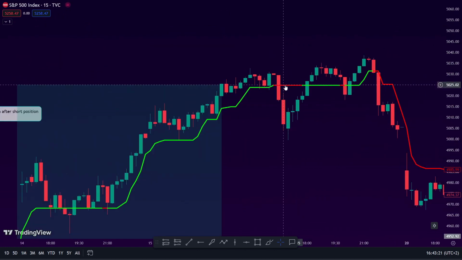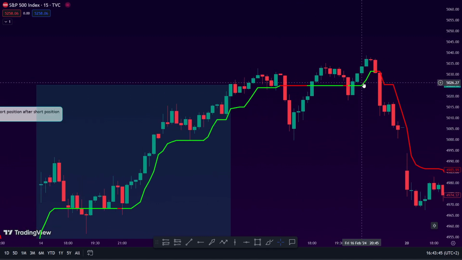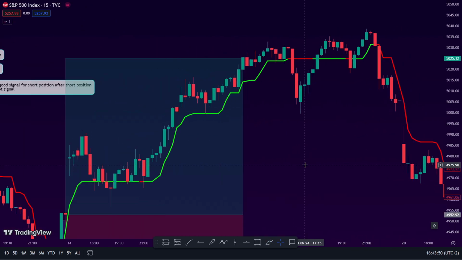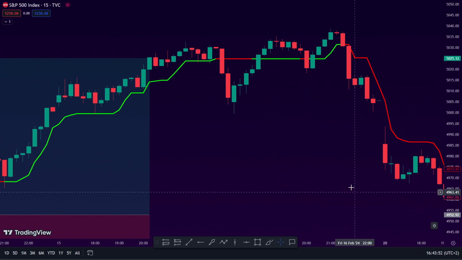As you see here, there is a red line here, but we don't see a breakdown, and we don't take a buy position again after this buy position, so we are looking for a short signal.